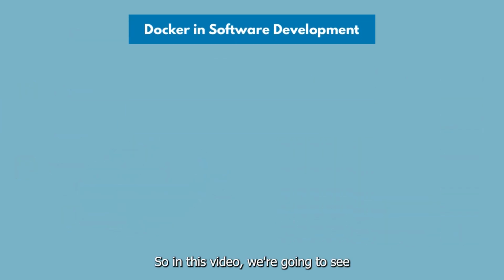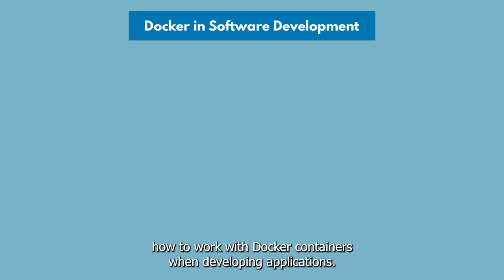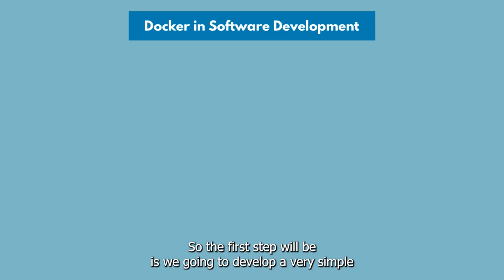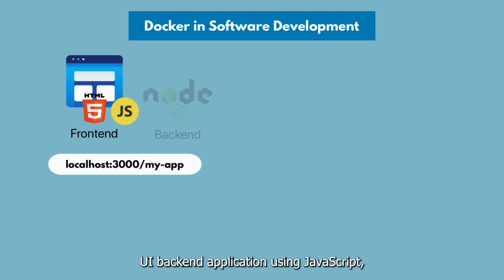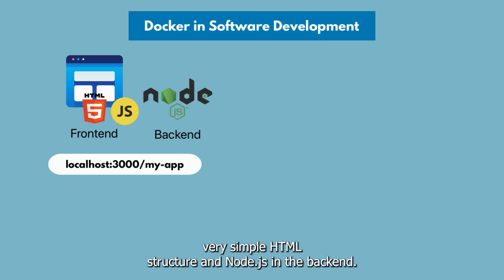So in this video, we're going to see how to work with Docker containers when developing applications. The first step will be to develop a very simple UI and backend application using JavaScript, a very simple HTML structure and Node.js in the backend.